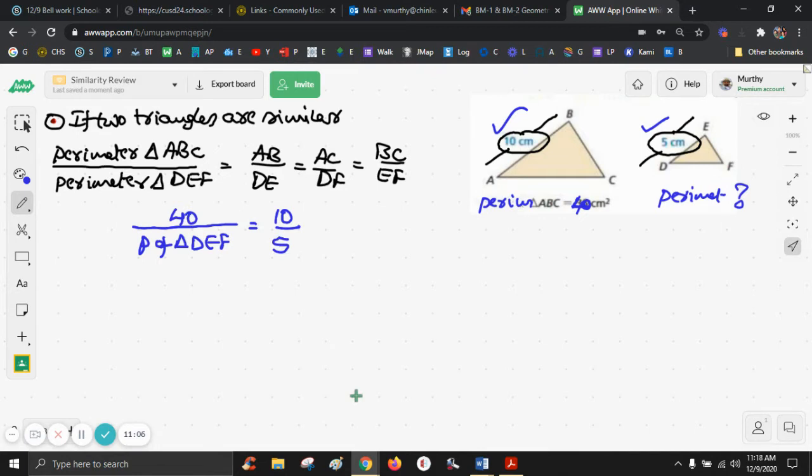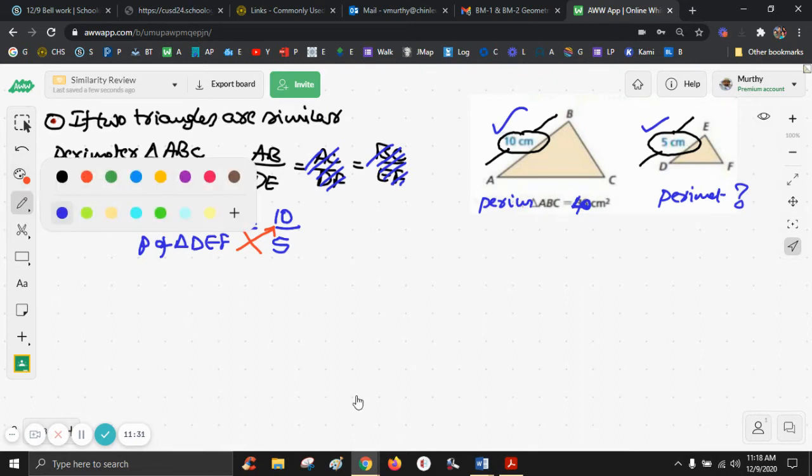So I'm taking the AB over DE values, and the rest of the fractions are not required at this point. Then we go for cross multiplication. Don't forget, when you are computing perimeter, it is side over side, but when you are computing areas, it is side square over side square. We already discussed this in the previous question.